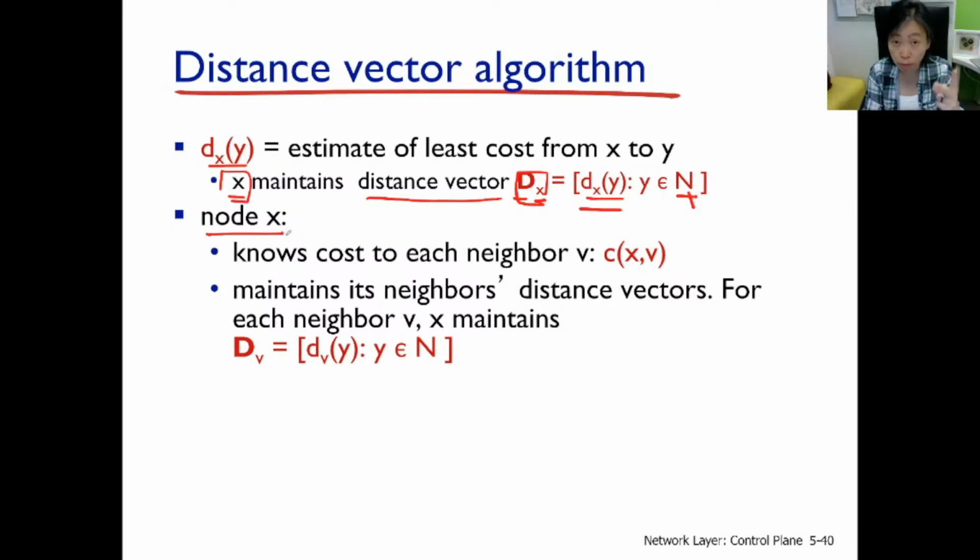According to the Bellman-Ford equation, we need to know the link cost from the node to each of the neighbors, so c_xv. Now, in order to have the shortest distance from each of the neighbors to a particular destination, we need to also know the neighbors' distance vectors. So for each v, node x here also maintains Dv.